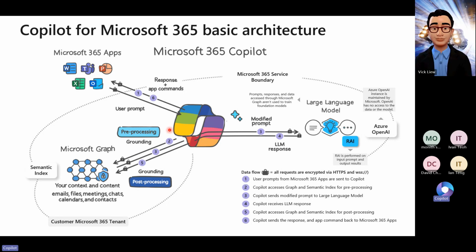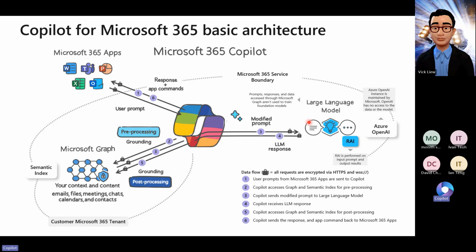So after it pre-processes the request that you want, it will process it here using Microsoft Graph, and then it will send it into the large language model, which is run by Azure OpenAI. And then after that, it will send you the result of the information that you want, right?